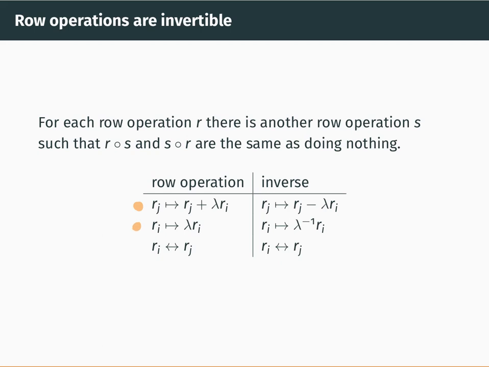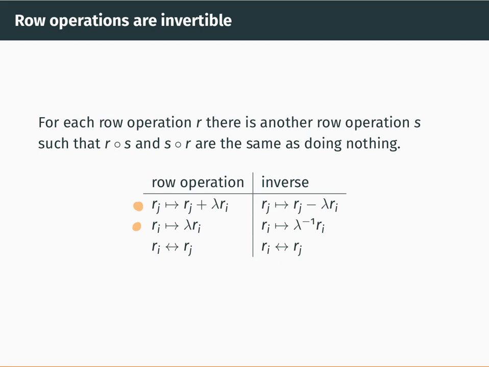Next, if you consider the row operation which multiplies row i by the non-zero constant lambda, then that has as inverse the row operation which multiplies Ri by 1 over lambda. Again, I think it's very clear that if you do those two row operations in either order, that's the same as doing nothing.